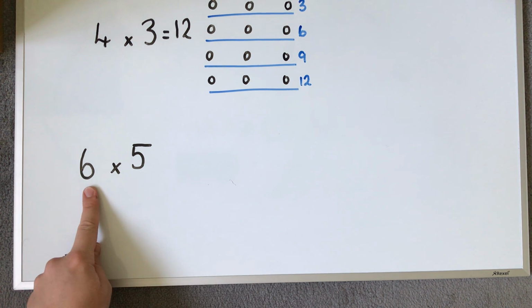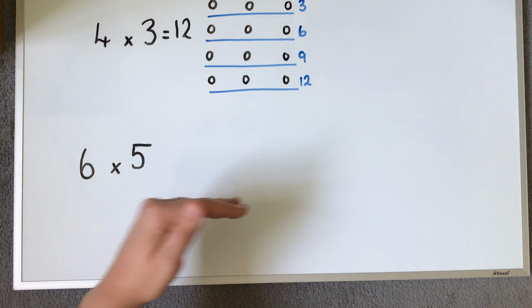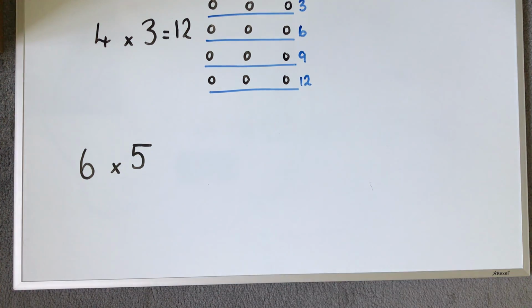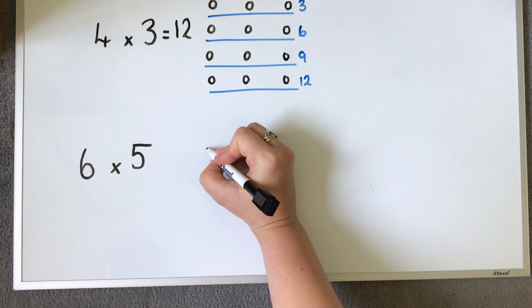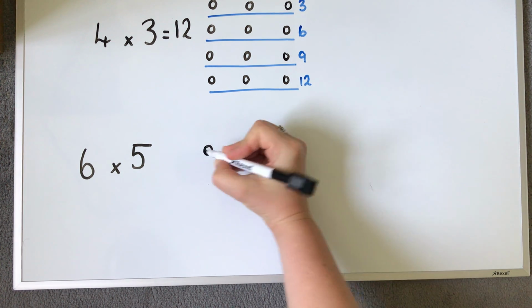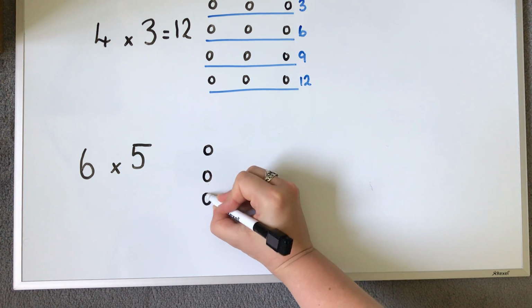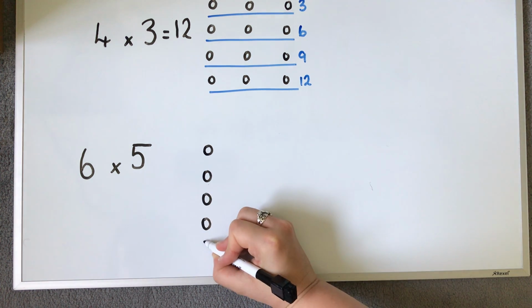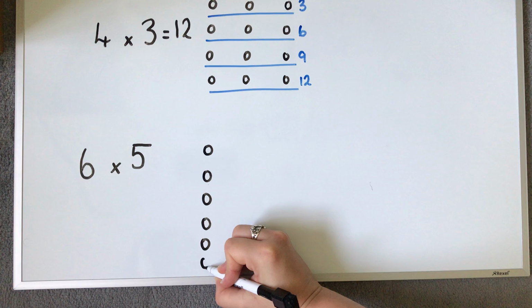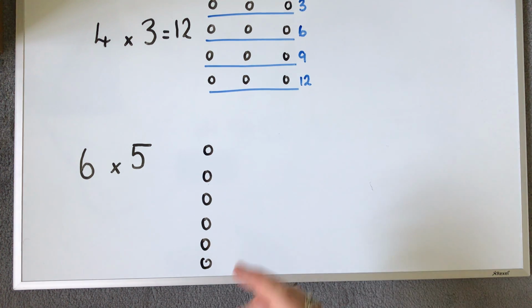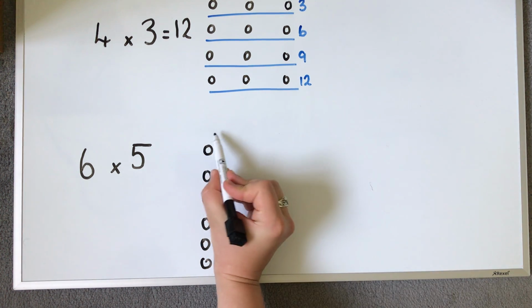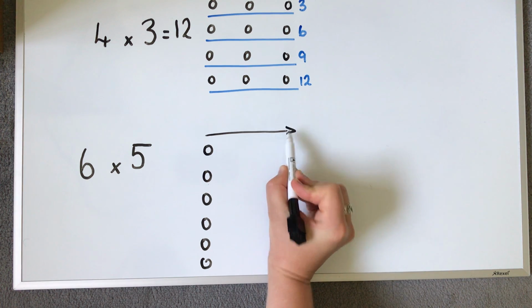So we know that the number 6 tells us how many rows that we have, and our rows go across, don't they? So let's draw 6 dots going down, 1, 2, 3, 4, 5, 6. So we've got 6 rows that will go across.